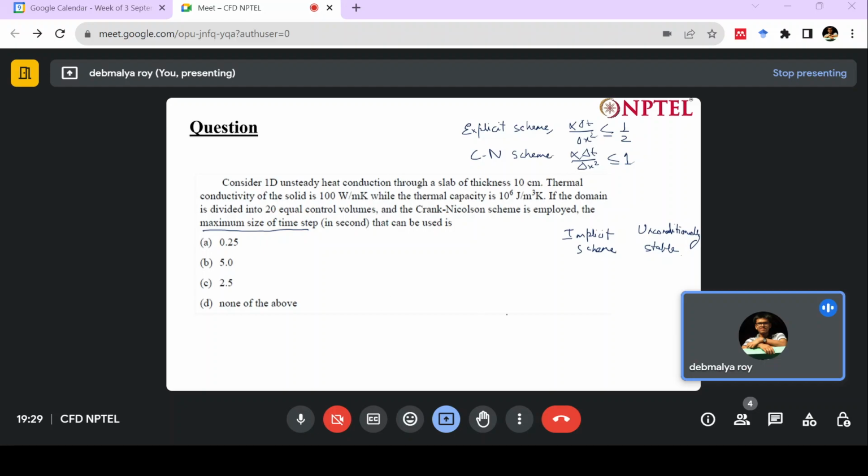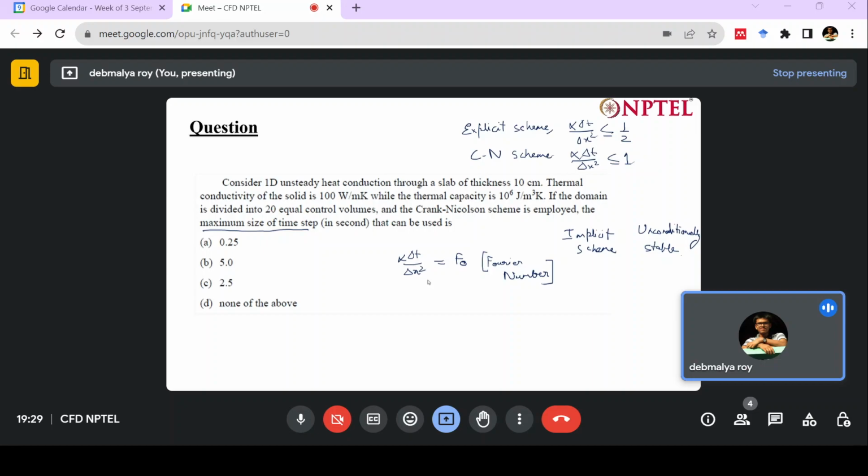So what is this alpha delta t by delta x square? This is called the Fourier number. Generally, even if it is a time scale and a length scale of some different sort, it is also called a Fourier number. Here in this case also, this is referred to as a Fourier number.